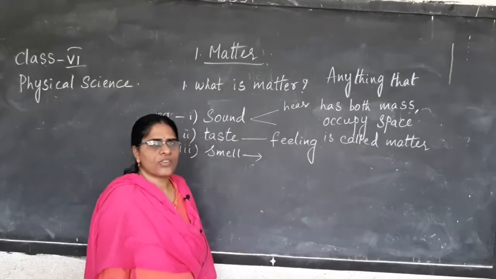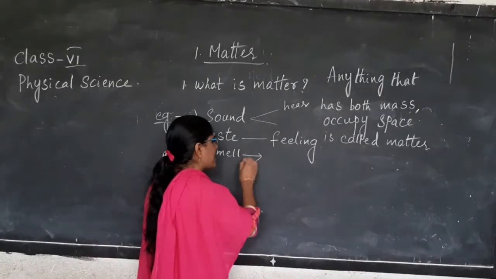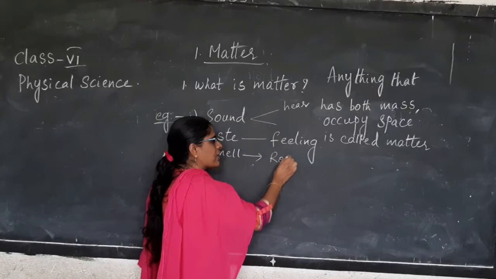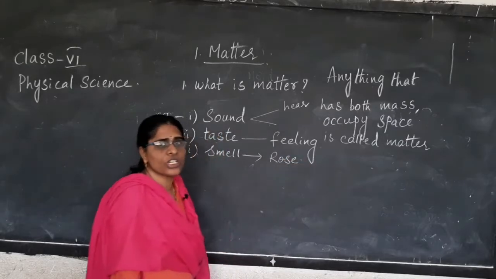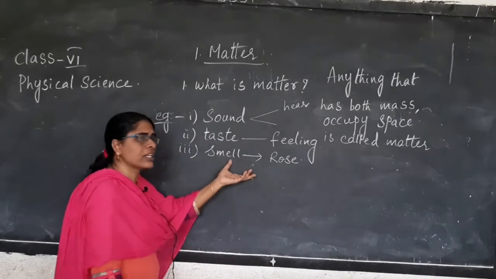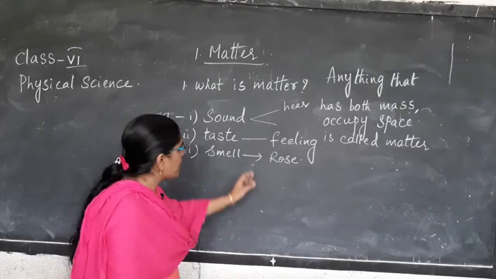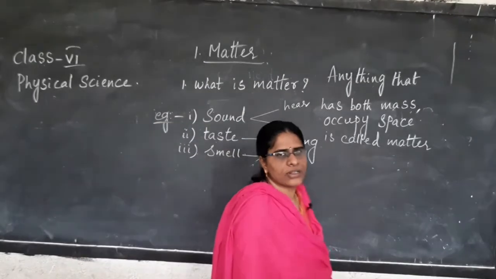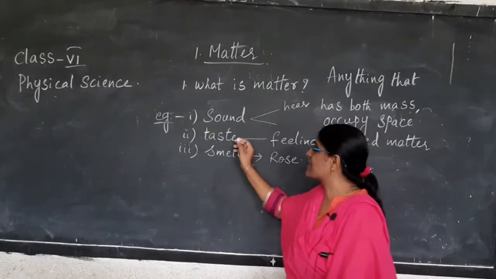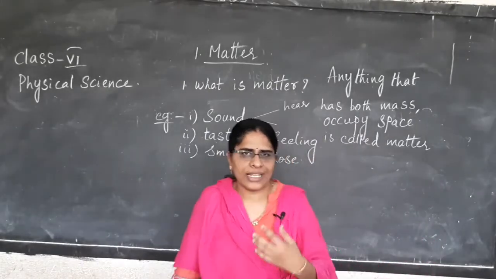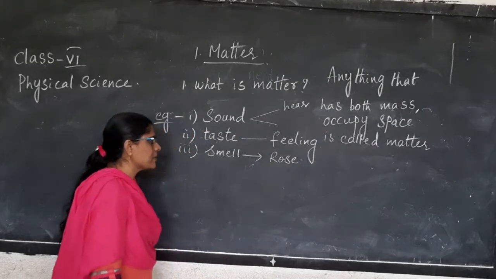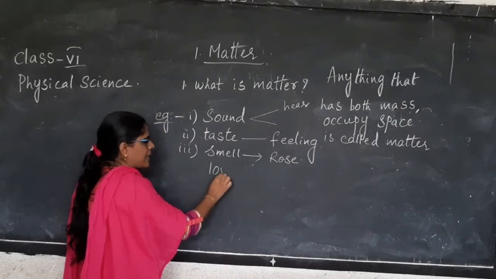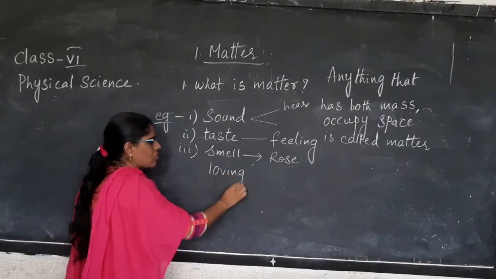Smelling a flower, that means the fragrance of a rose flower, is also your sensory organ according to your bio sense. Not only these three, there are so many. These all don't come under matter. Like another example, you love your parents, yes or no?